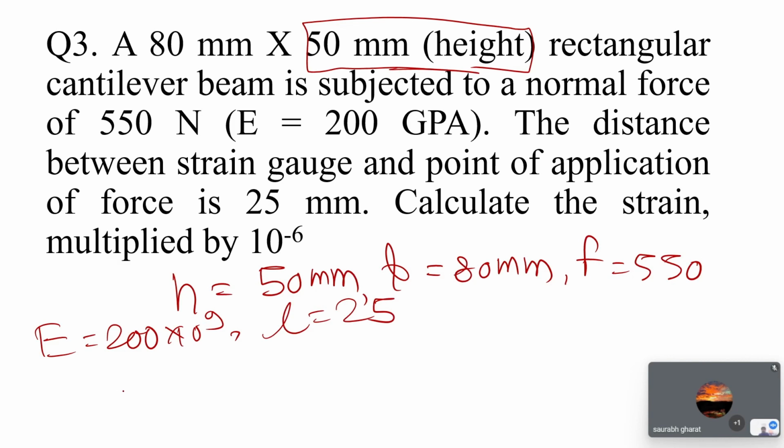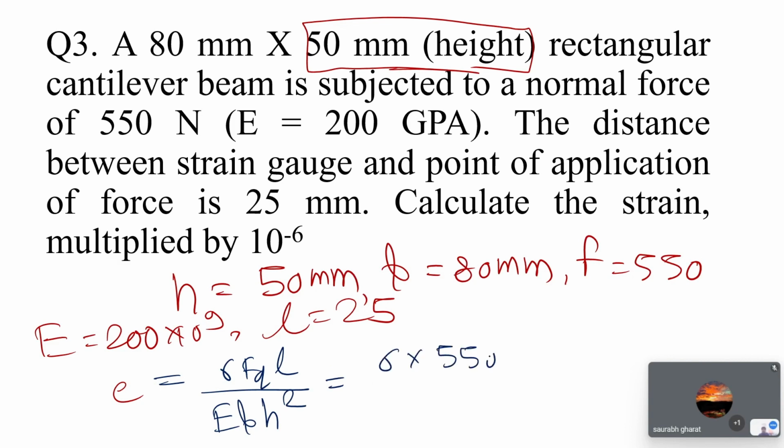Calculate the strain. You know again the formula. What is the formula? E is equal to 6F divided by E B H square. So what is it? 6 into 550, into 25 into 10 raised to minus 3, yeah, because it is in millimeters.